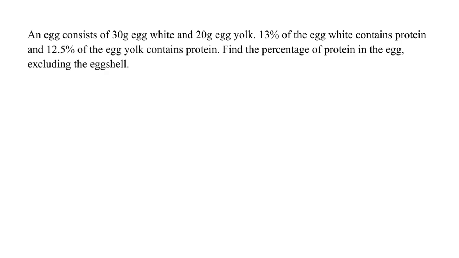So the amount of protein, not the percentage yet, there are two parts to it. One is the 30 grams of egg white, out of which 13% is the protein. There's also this 20 grams, where 12.5% is this protein.